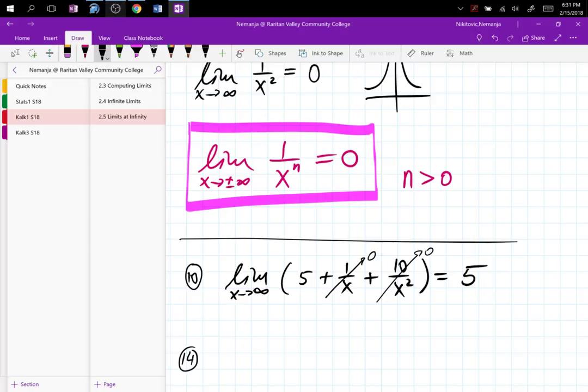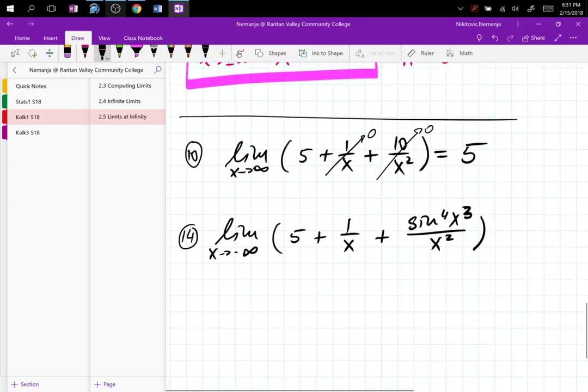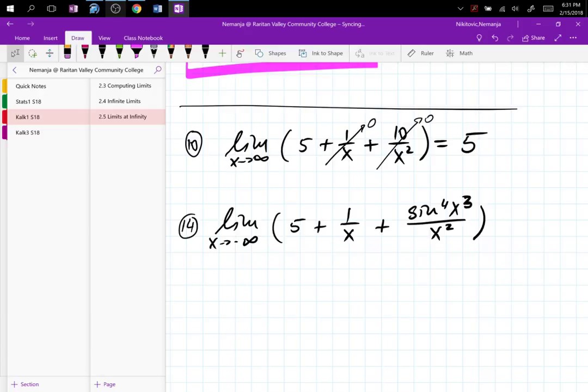Question 14 says, limit as x goes to negative infinity of 5 plus 1 over x plus, look at this now, sine to the fourth of x squared divided by x cubed up there, and then x squared here. What is this equal to?